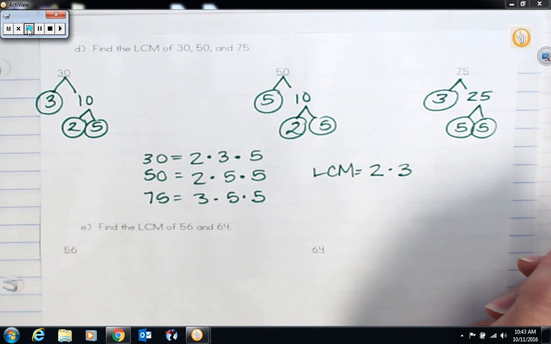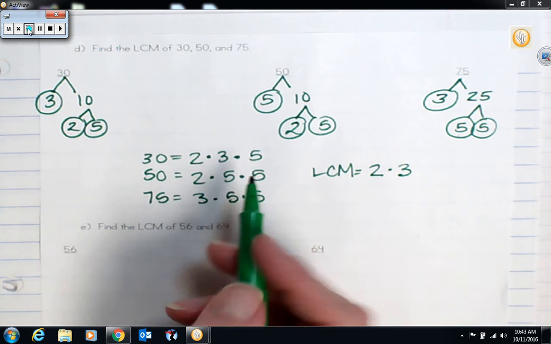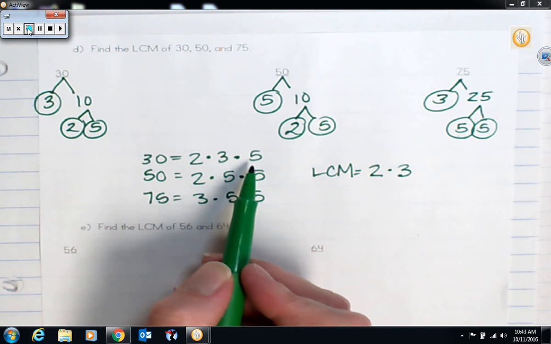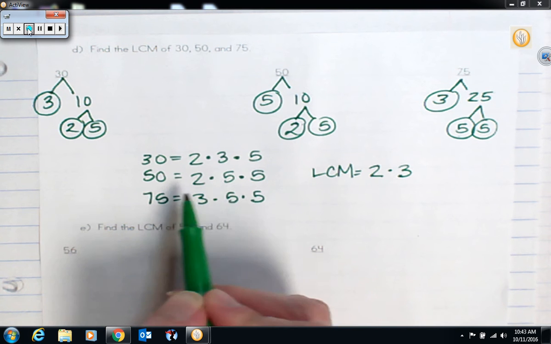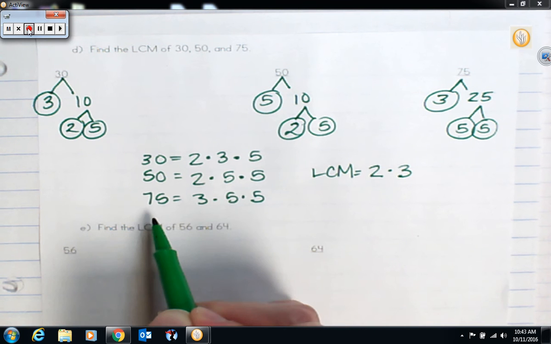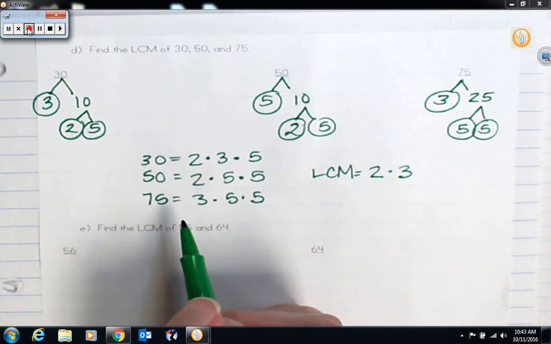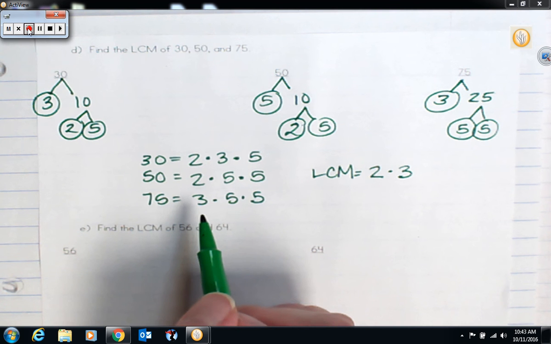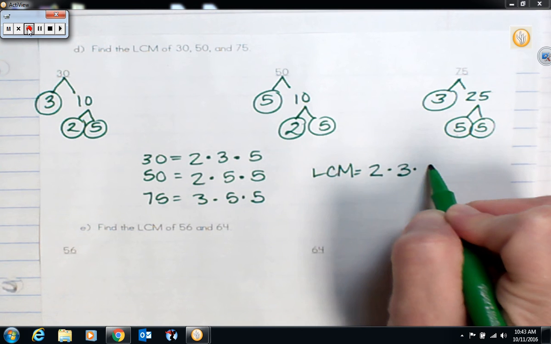The next prime factor is 5. 5 appears once in the prime factorization of 30. But it appears twice in the prime factorization of 50 and twice again in the prime factorization of 75. So the greatest number of times that the 5 appears in the prime factorization of these numbers is twice. So I'm going to bring down two 5s.